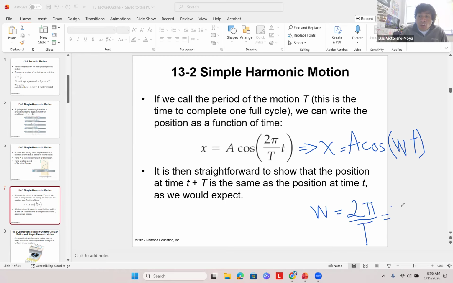Which, by the way, is also 2 pi f, where f is the frequency in hertz. So this is measured in hertz. This is measured in seconds. This is measured in radians per second.